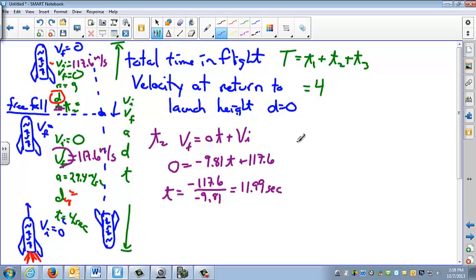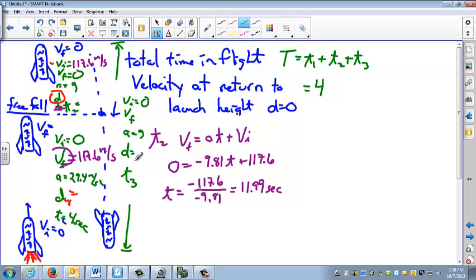All right, so now we're ready to move on to T3. Okay, so we'll call this T sub 3, the time it takes for the rocket to go from the maximum height back down to the ground. So we know its initial velocity is going to be 0 because it starts up at the top. We still know the acceleration is going to be that due to gravity.